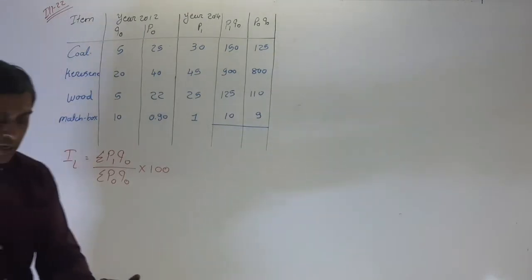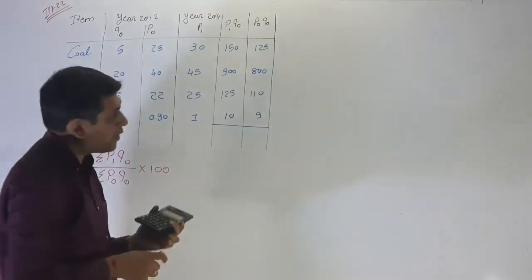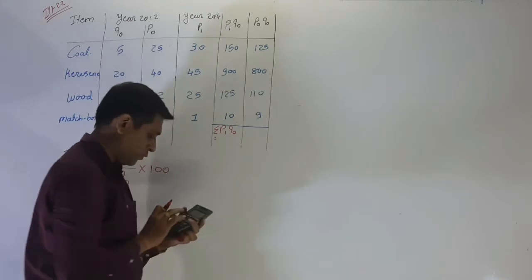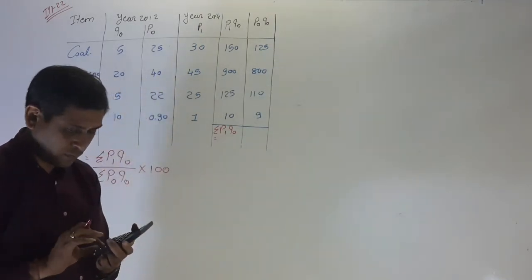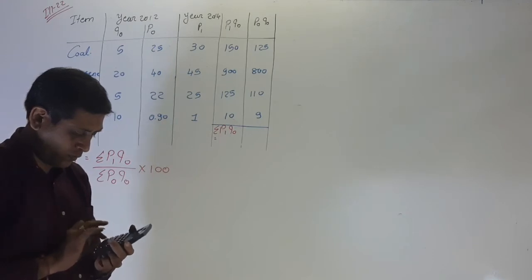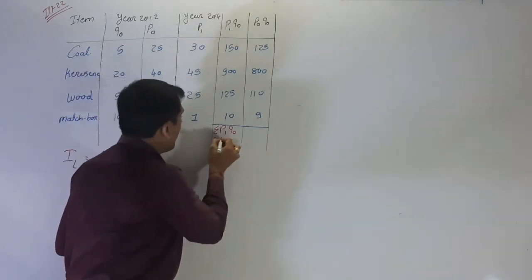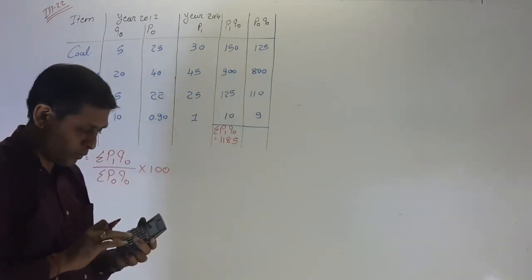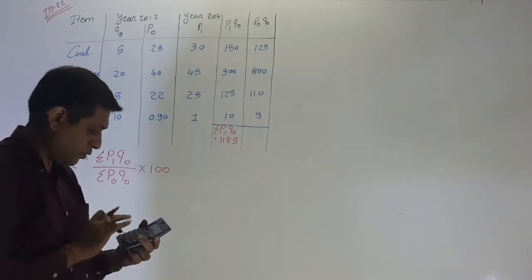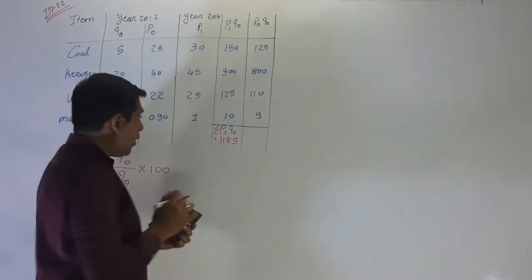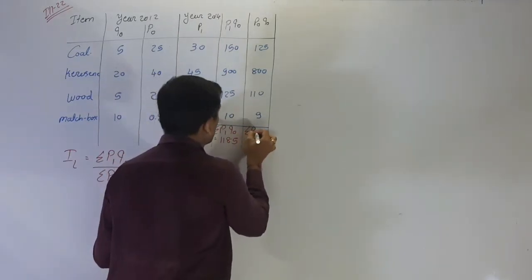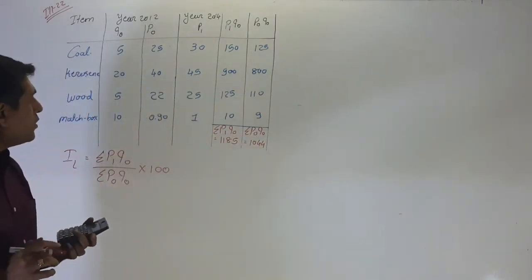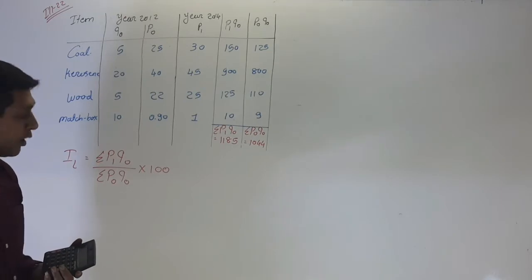So the total of these is sigma P1 Q0 is equal to 1185, sigma P0 Q0 is 1044, right? This is your P1 Q0 and P0 Q0.